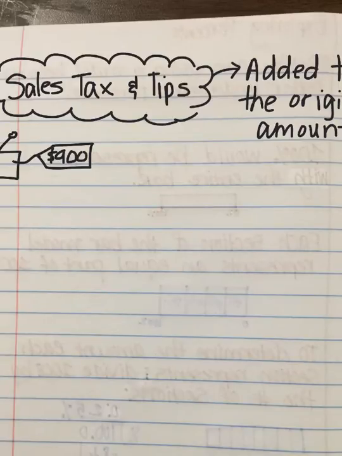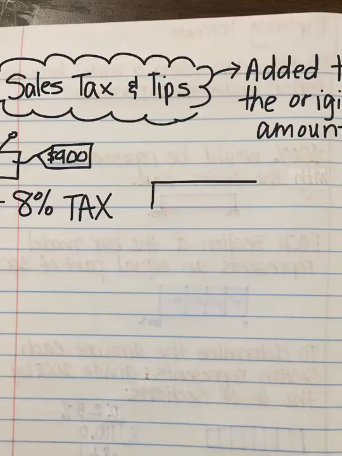And then by the sign, you kind of have this other little posting saying plus 8% tax. There are two different pieces that we have to consider, and I'm going to show you with a model first, okay? Let's show a model here.